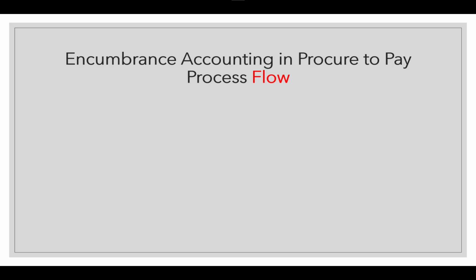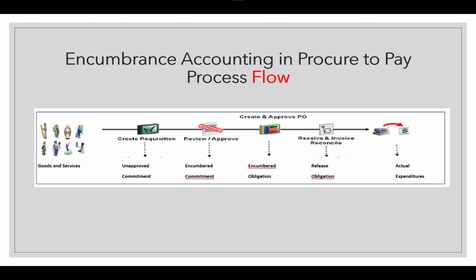For encumbrance accounting in the P2P process flow, this is the cycle of creating and approving the PO and PR. For goods and services, you start by creating requisitions. This is the procure to pay process flow. For created requisitions that are still unapproved, a commitment is raised.